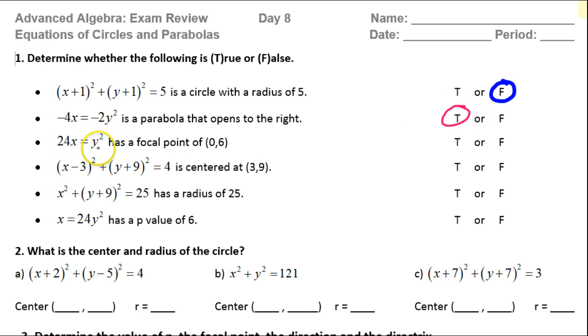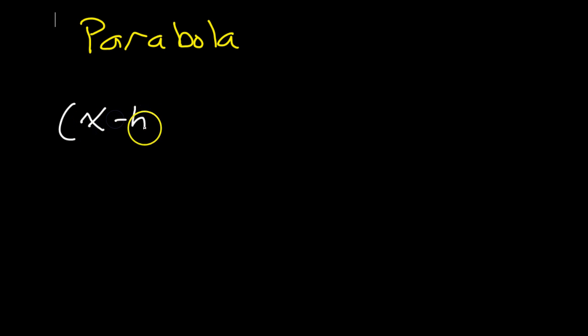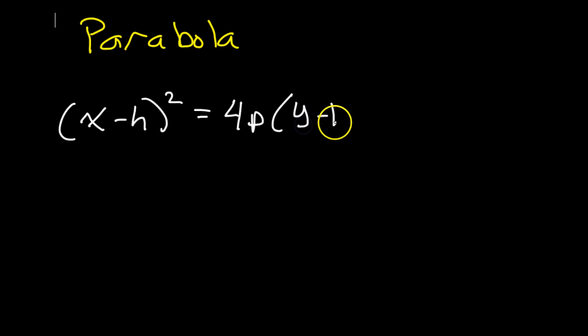Okay, looking at this equation, true or false, it has a focal point of 0, 6. Okay, for a parabola, here are the general forms of the equation of a parabola. If the x is squared, it's x minus h squared is equal to 4p times y minus k.